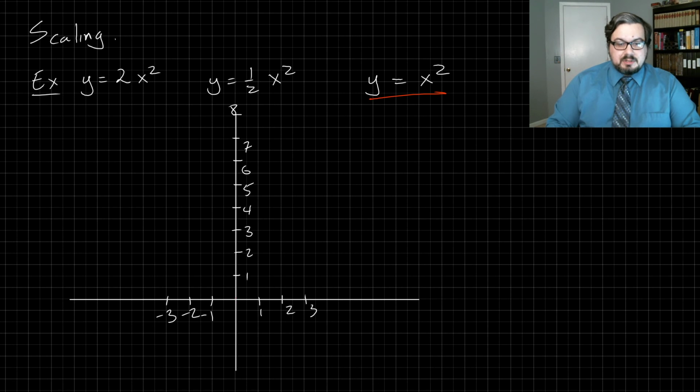Again, we've done this a few times now, but working with familiar functions is often a good way of understanding new concepts. So it's got the point 0, 0, 1, 1, 2, 4, -1, 1, and -2, 4. So there's the graph of y equals x squared.